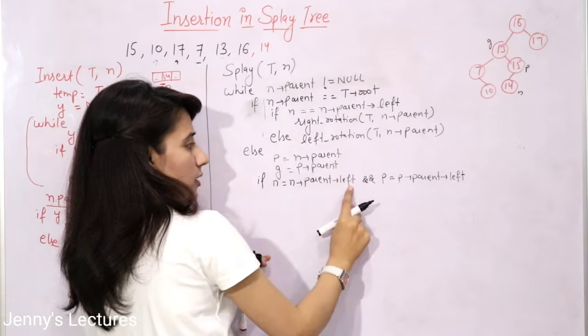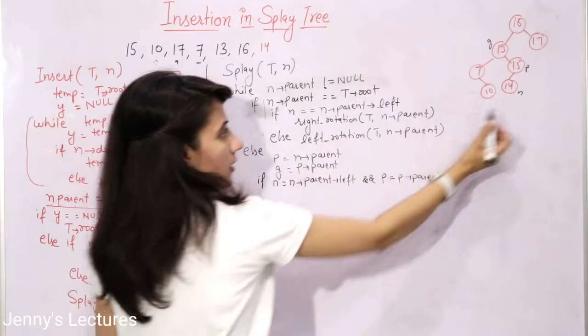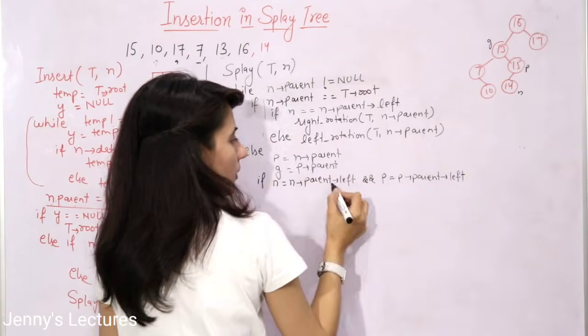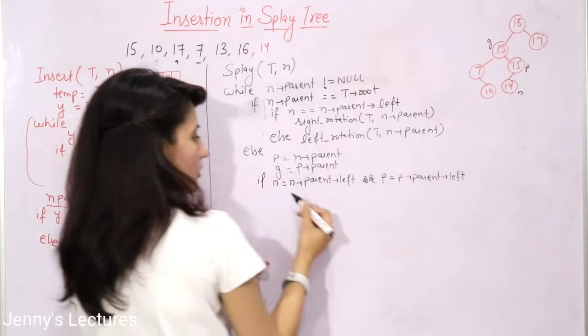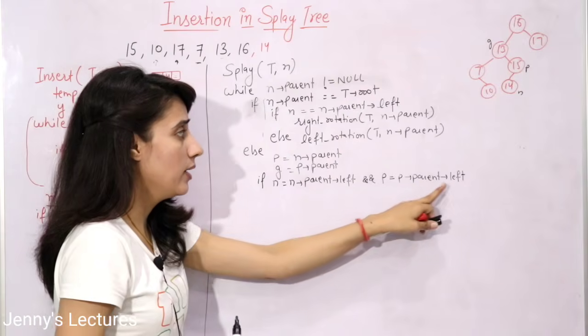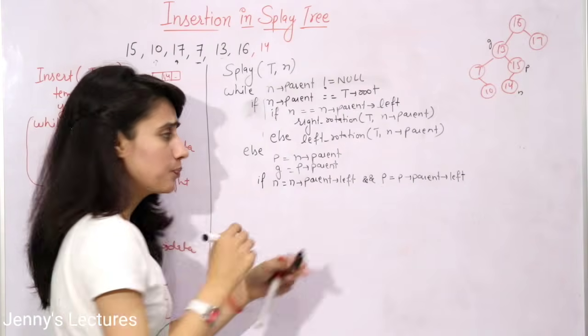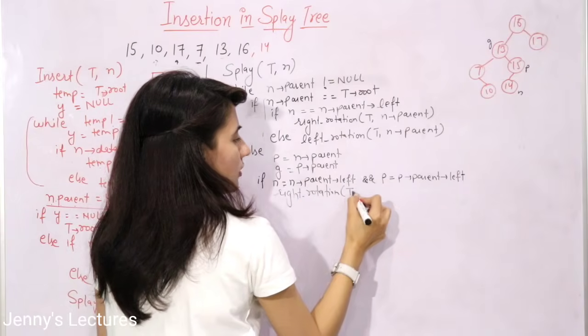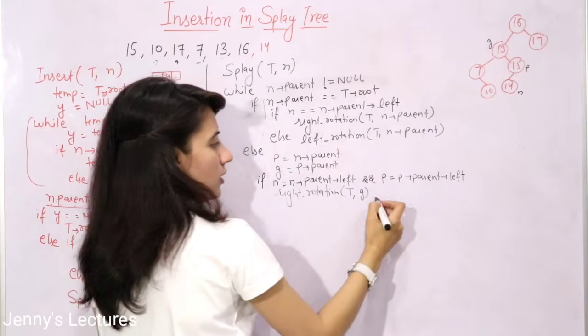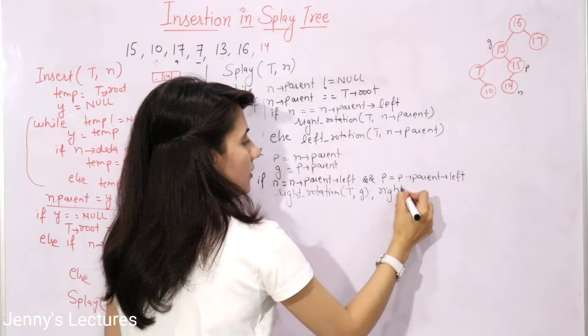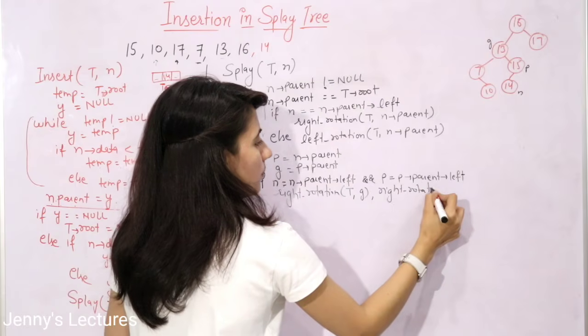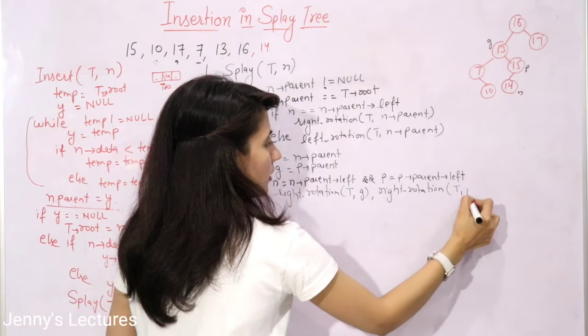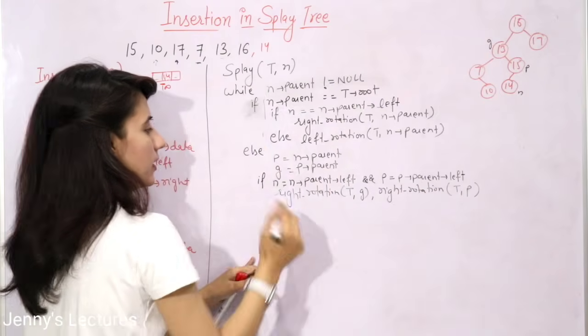This is the same condition: N of parent, N is this one, N of parent is this one, parent of left means this one only, so N would be the left, and P of parent's left would be P. So here you will do 2 right rotations. First right rotation would be on G and second right rotation would be on P. This thing you need to take care: first of all on grandparent, then parent.